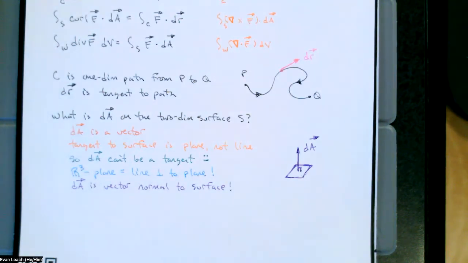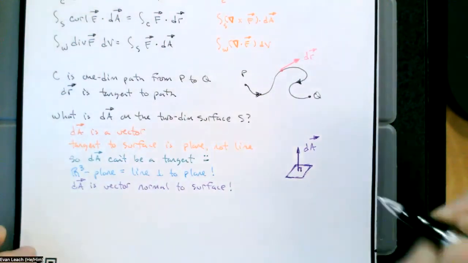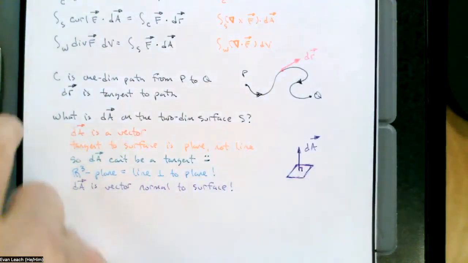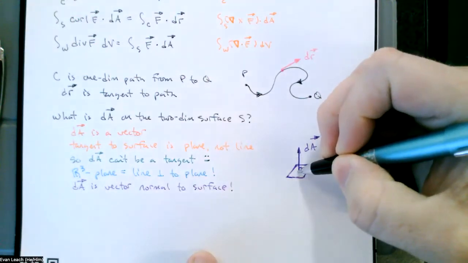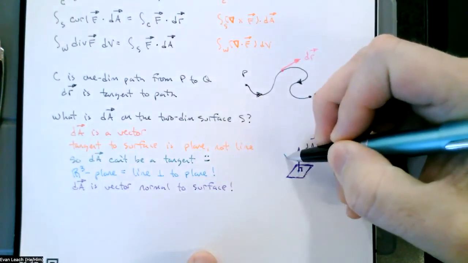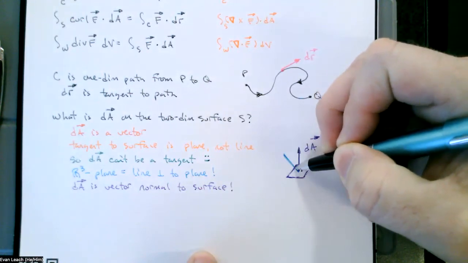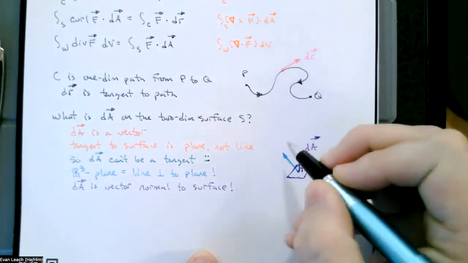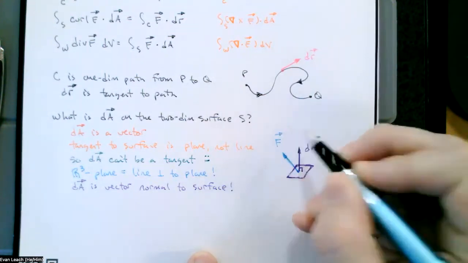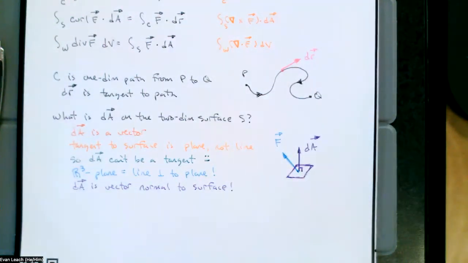At each point on the surface, we've also got some vector. And the way we're going to think about it is we're going to think about the vector field flowing through the surface. So at each point, I'm going to imagine the vector field flowing through the surface.